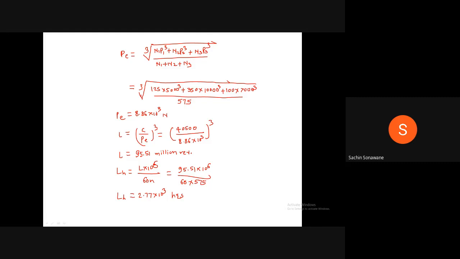Therefore, this one problem is completed. Now again we will see another problem. Therefore, please write down the problem. Example 5. A ball bearing is operating on a work cycle consisting of 3 parts. A radial load of 3000 Newton at 1440 rpm for 1 quarter cycle.